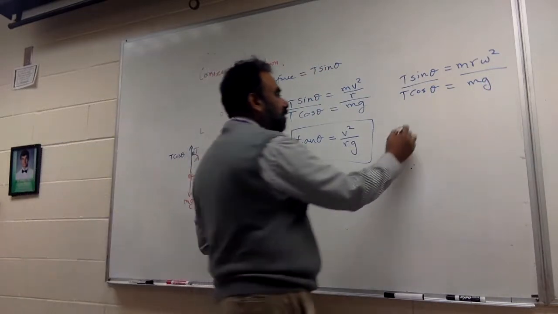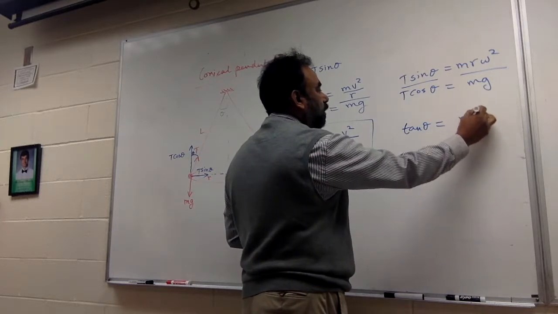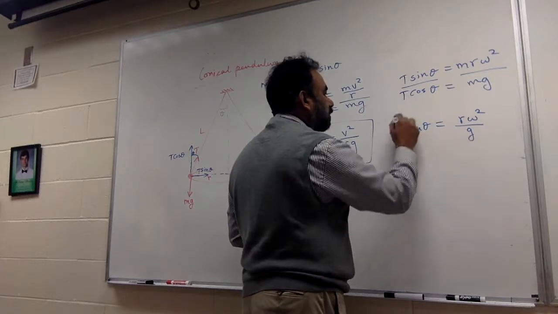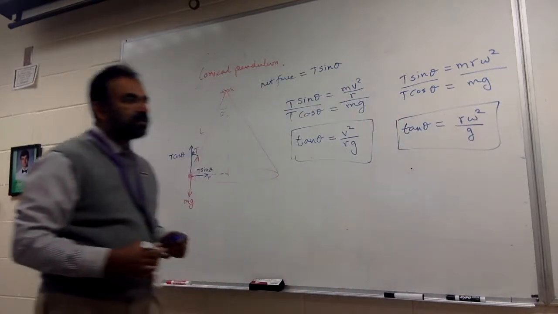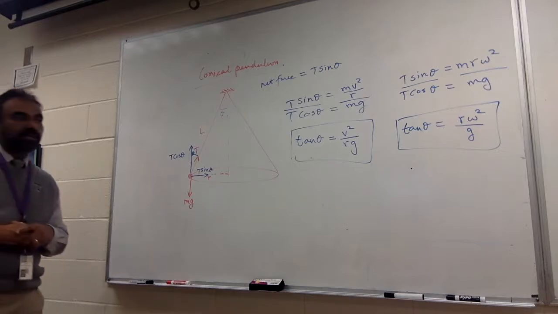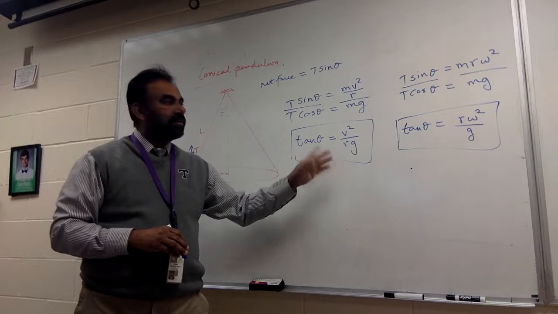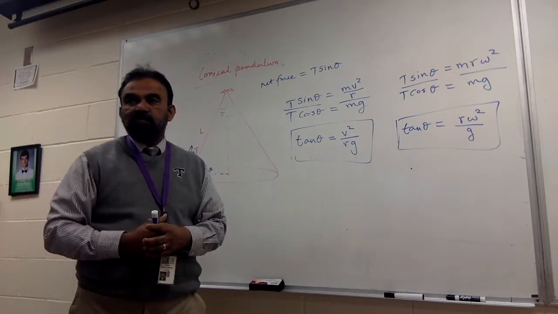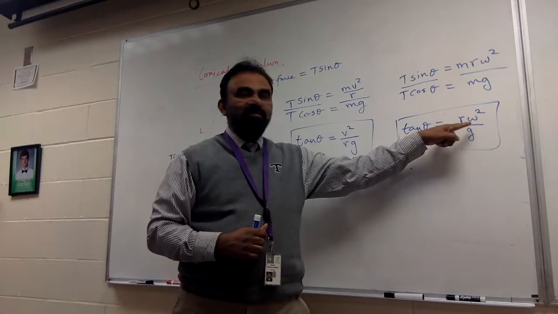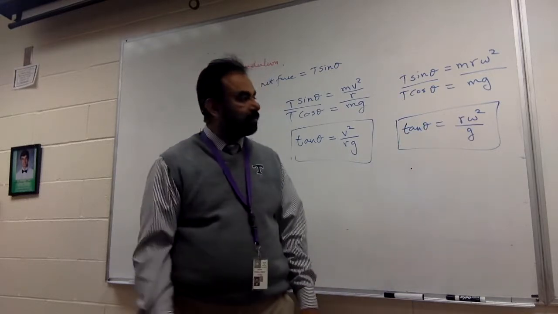And what do you have now? Tan theta is equal to r omega squared over g. So we have r omega squared over g doing the same thing as v squared over rg. Those two are exactly the same. If you are talking in terms of the angular velocity, then that will be an equation that will help you to understand it.